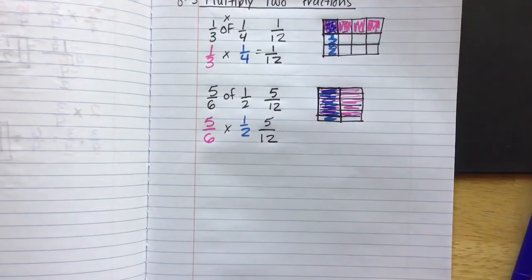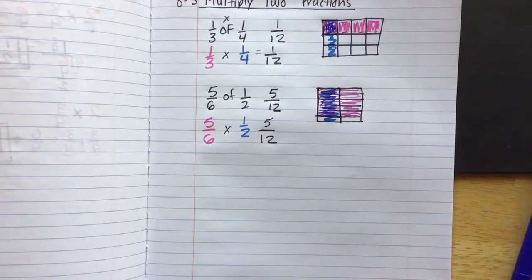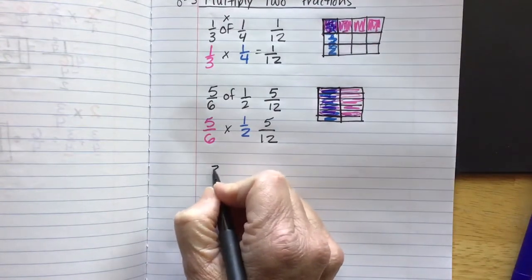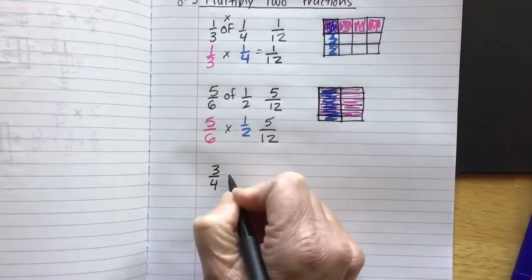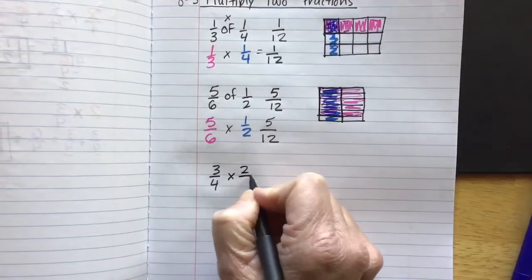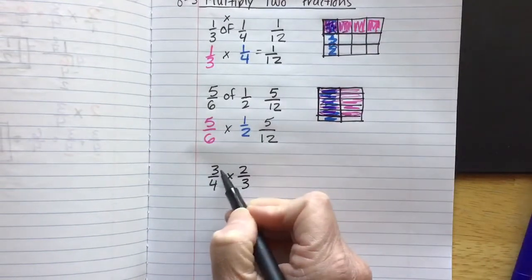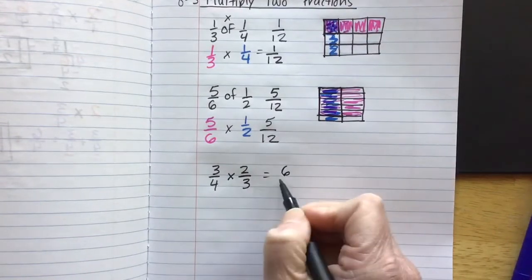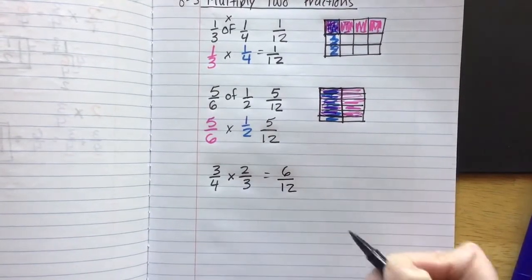So multiplying the fractions, you can use the area models, or you can just multiply straight across. 3/4 times 2/3. 3 times 2, 6. 4 times 3, 12.